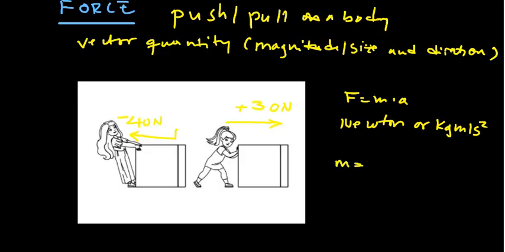From this formula for force, we can calculate mass, which should be equal to force divided by acceleration, and also we can calculate acceleration, which should be equal to force divided by mass.